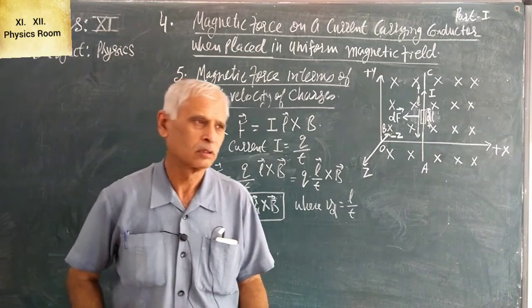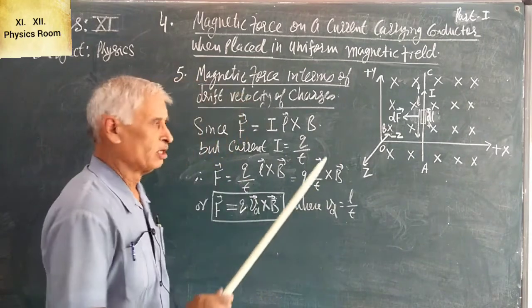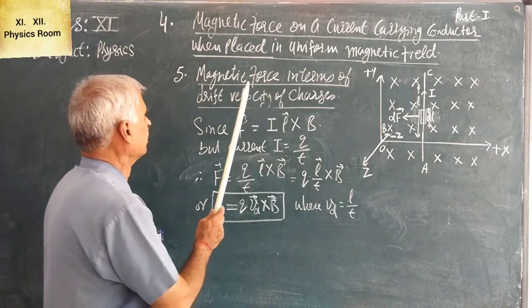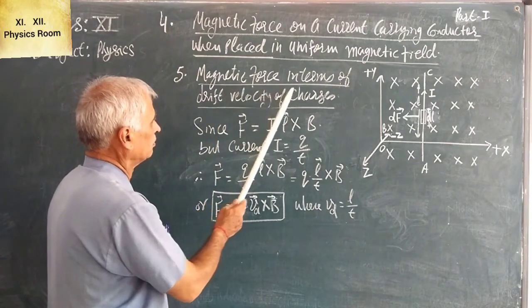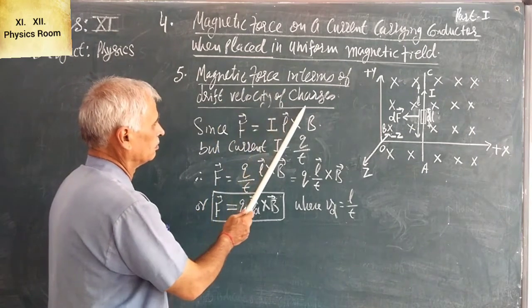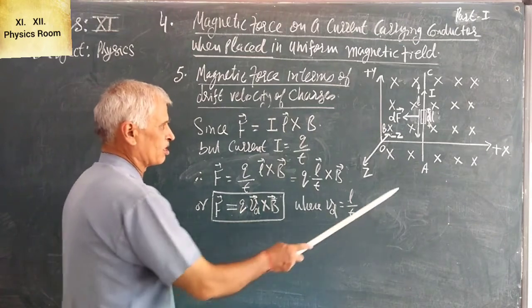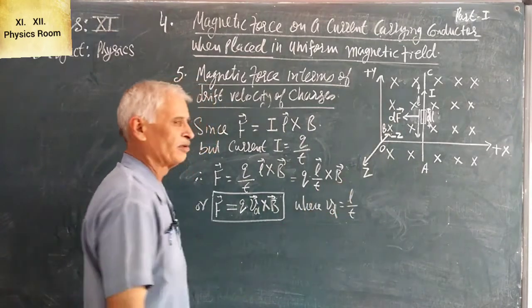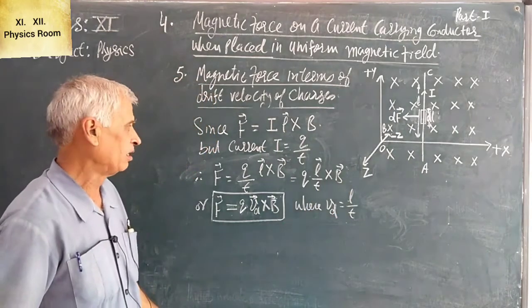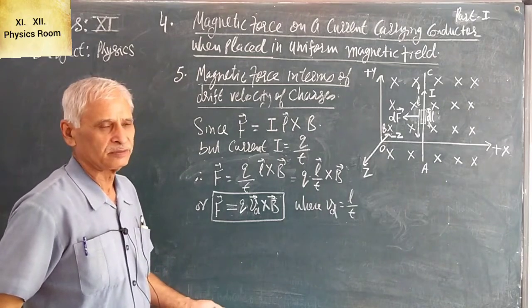Magnetic force in terms of drift velocity of charges. The magnetic force on a current carrying conductor when placed in a uniform magnetic field, in terms of drift velocity of charges.